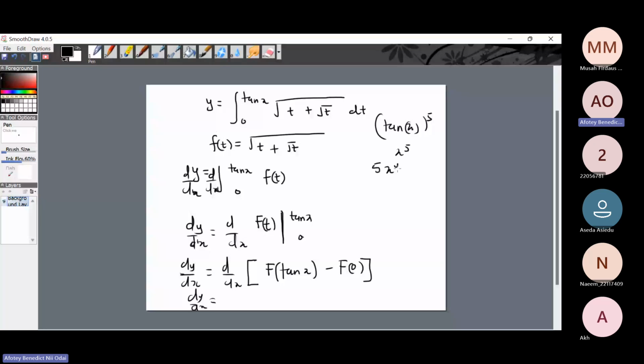That's the same thing that the chain rule is saying, but just that after, we have to differentiate what's inside. So let the inner part be tan x. We have to differentiate the tan x and multiply by this. So we have 5 times tan x to the power 4 times sec square x. So that's a similar thing we are going to do here.